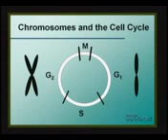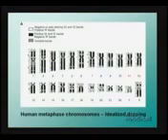So this is the reason that we represent chromosomes in two different ways, because of the way those chromosomes look in different parts of the cell cycle. In your book, there are two figures that picture chromosomes for you. At the top of this page in your book, you'll find an artist's drawing of chromosomes.